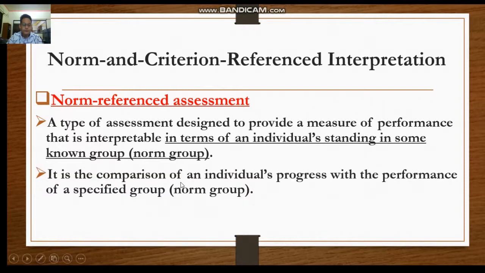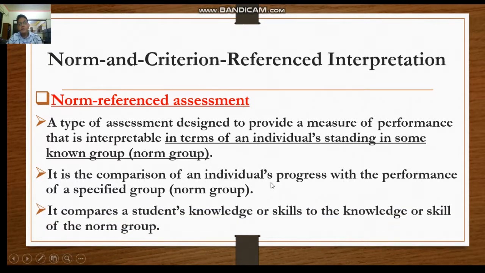So, it is the comparison of an individual's progress with the performance of a specified group. So, we are going to compare the knowledge or skills of the student against the knowledge or skills of his or her classmates in which he or she belongs.